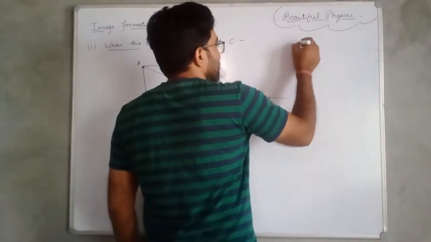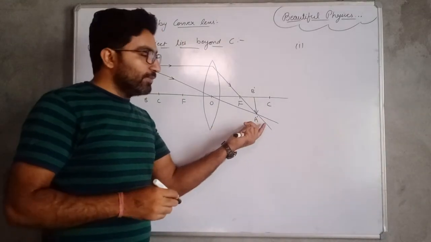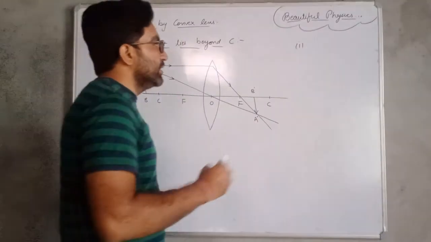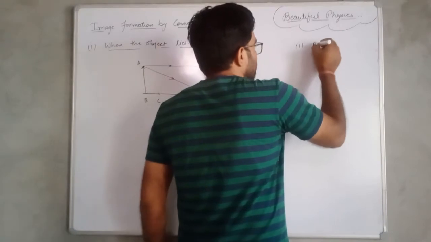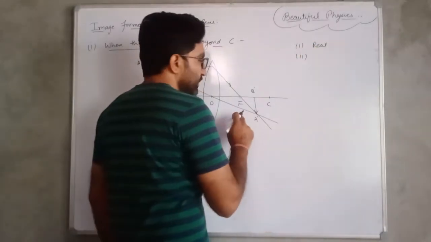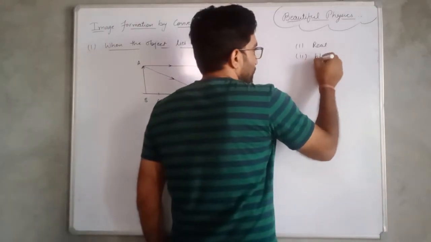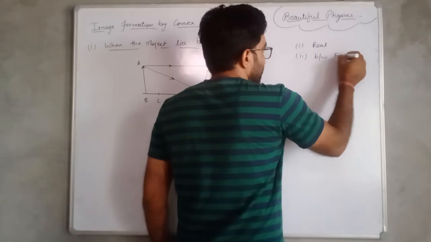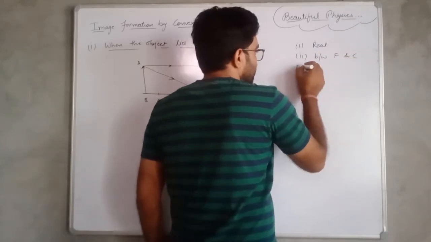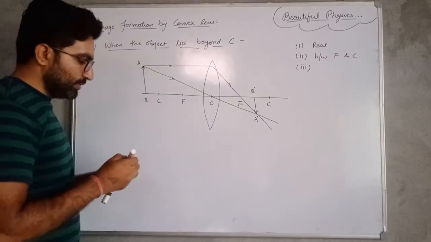So from there we can write the properties of the image formed. First, the rays of light actually meet at a point after refraction, so the image formed is real. Second, the image is formed between focus F and C. Next, the image is smaller than the object.